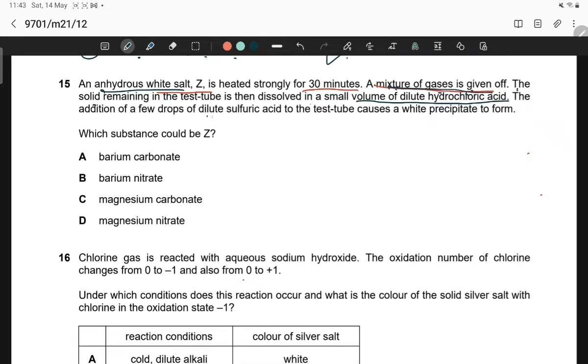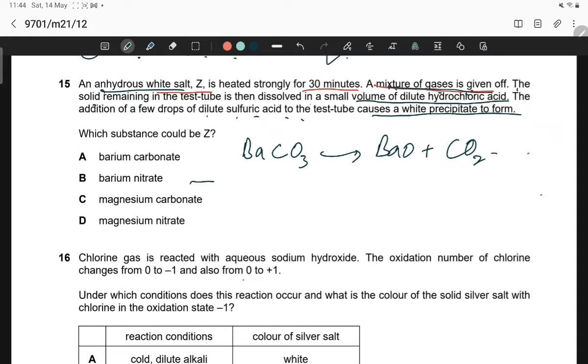The addition of a few drops of dilute sulfuric acid causes a white precipitate to form. Let's see: barium carbonate gives only one gas, so this is incorrect. A mixture of gases suggests barium nitrate or magnesium nitrate, two options.